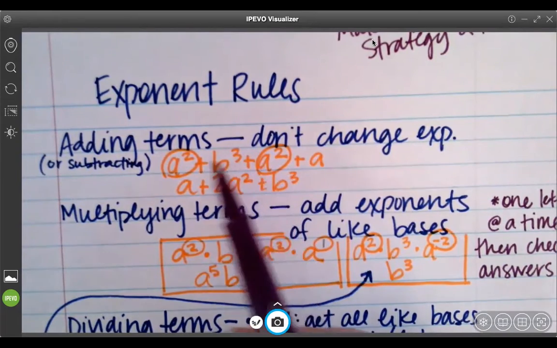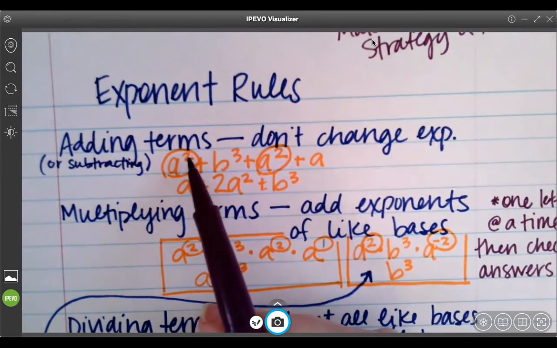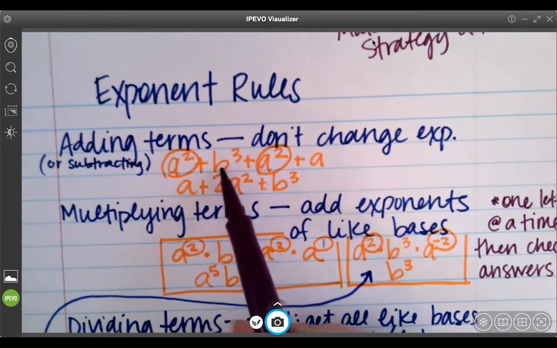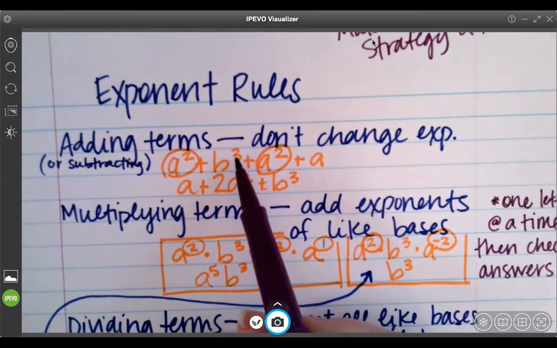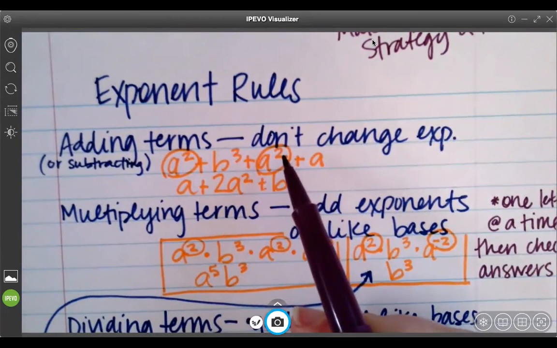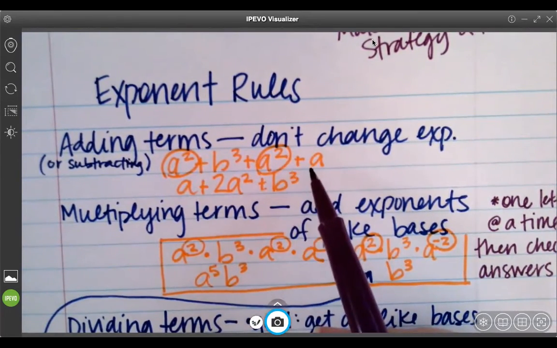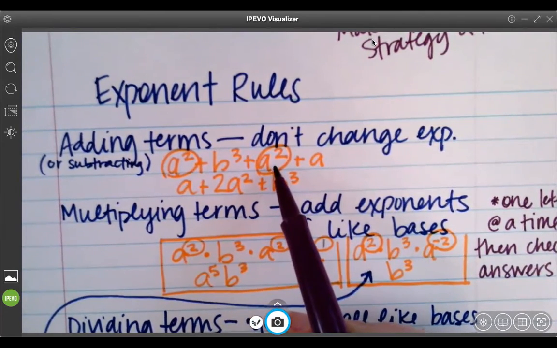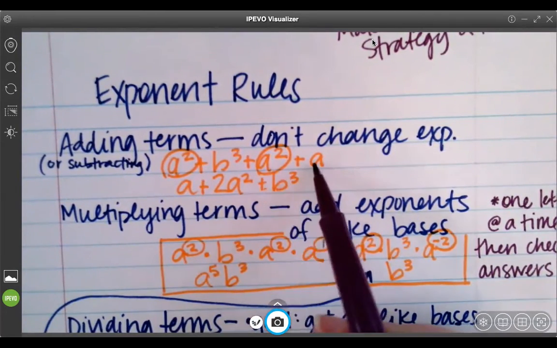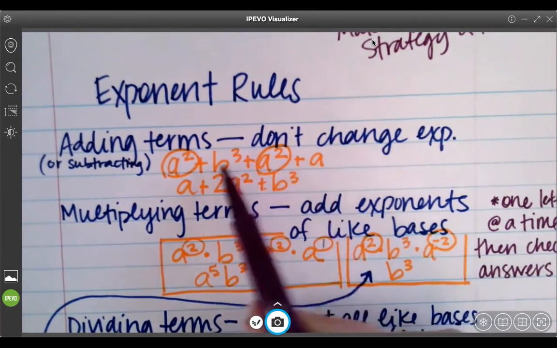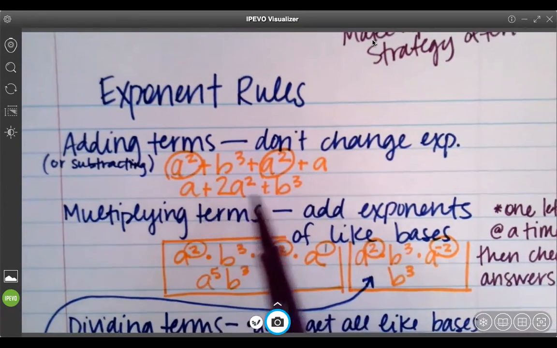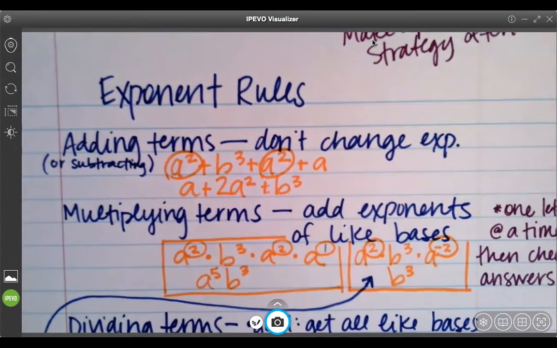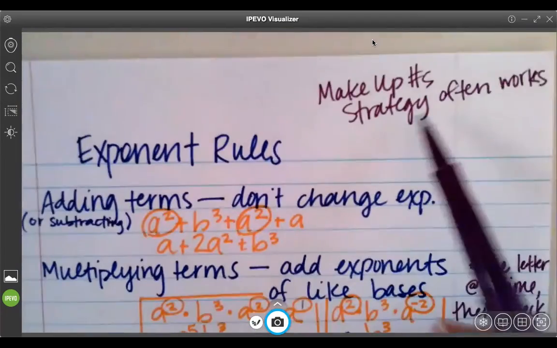So I would do 4 squared, 16, plus 2 cubed, which is 8, plus 4 squared, which is 16, plus 4. So there's 16 and 16 is 32, plus 4 more is 36, plus 8 is 44. And then I would plug them all into the answer choices and see what came out to 44. So that's how you use the make up numbers strategy.